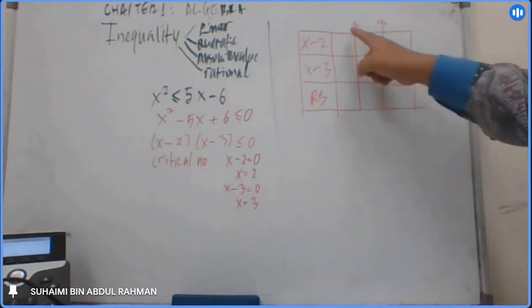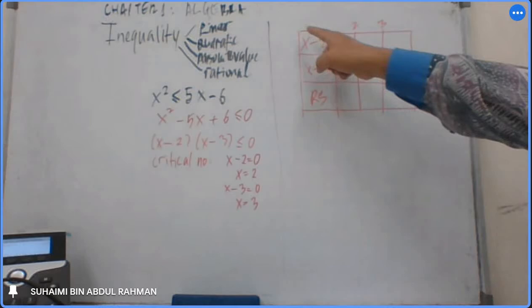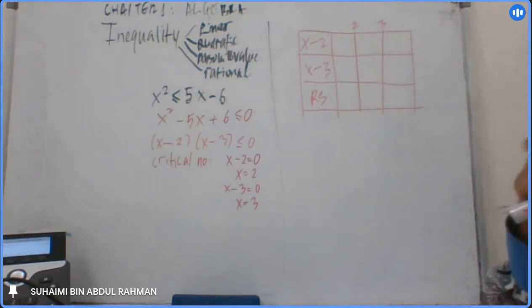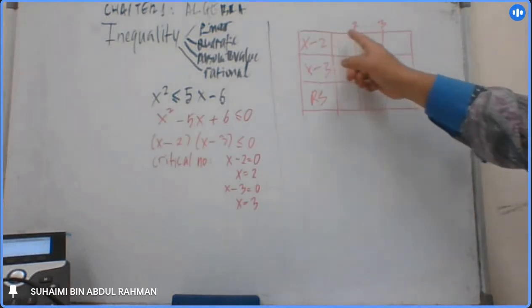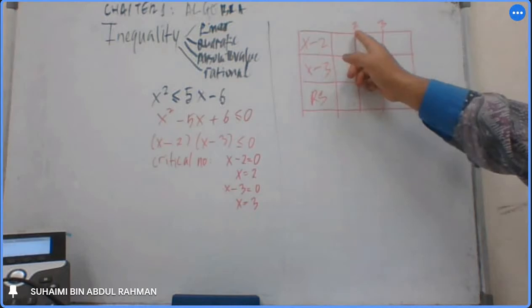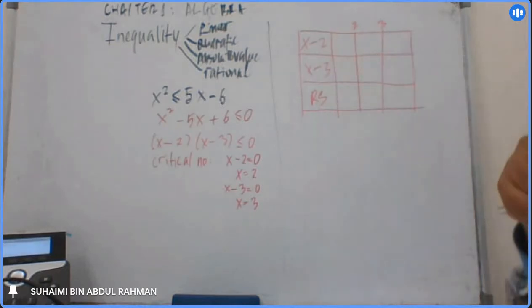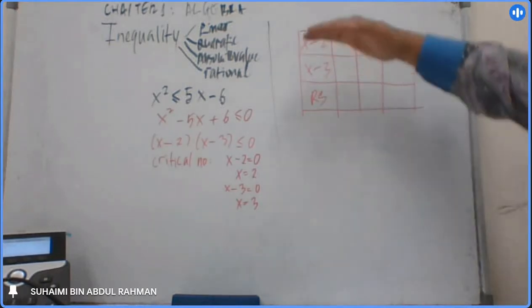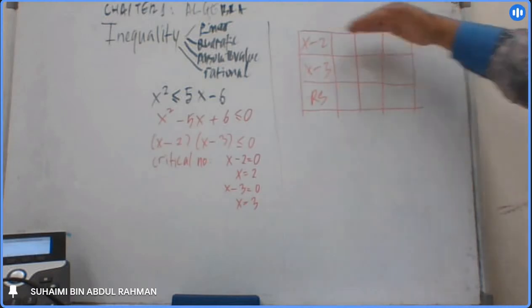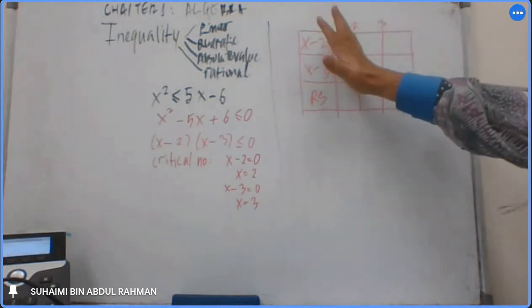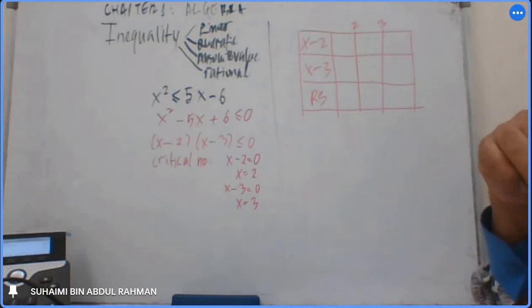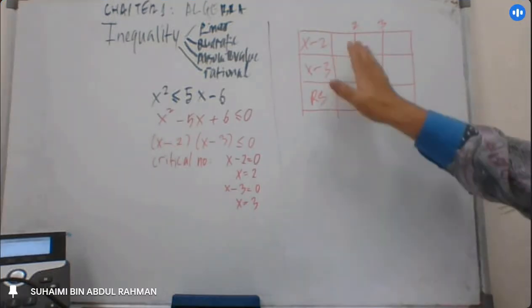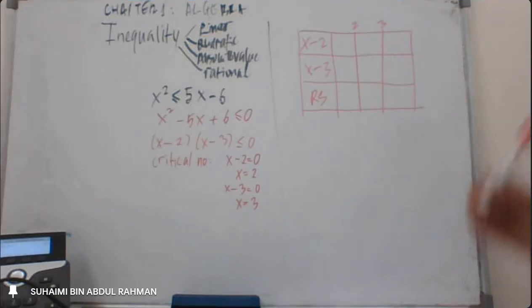Now, imagine that the top line here is a number line. All the numbers here must be what? Less than 2.